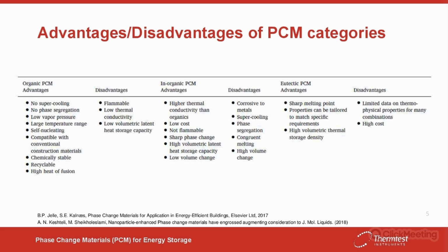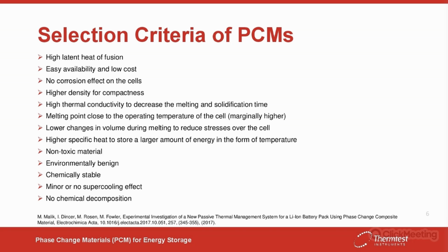The last category, the eutectic ones, have a very sharp melting point, which is very positive, but they have very high cost that makes them not ideal for use in battery thermal management.